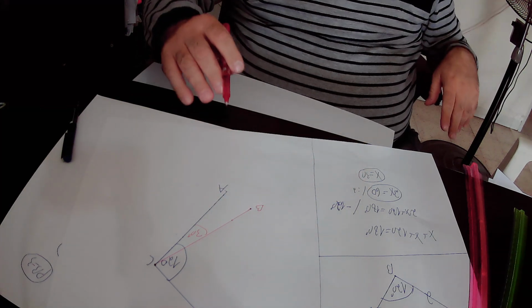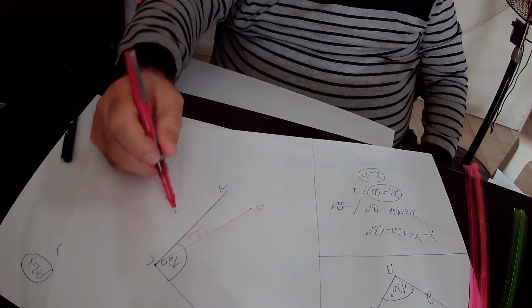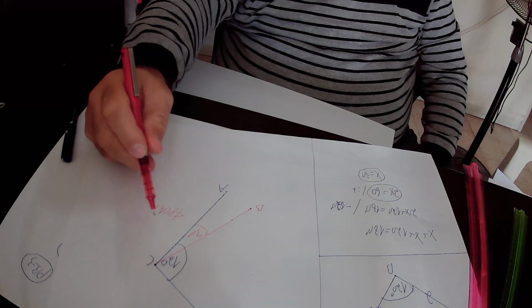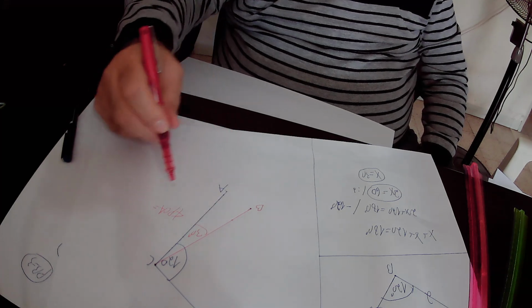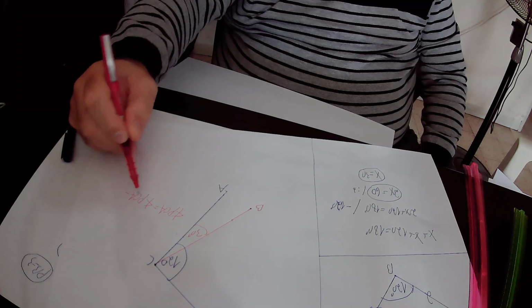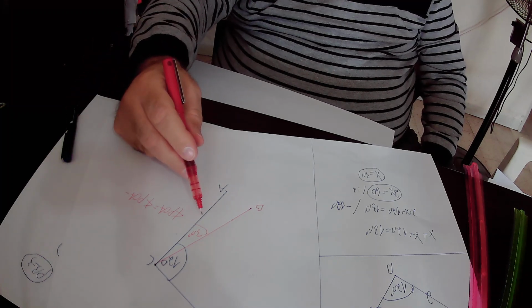Okay? So the missing angle, angle PCA, equals the size of the big angle, that is angle PCB, minus the small angle, that is angle BCA.